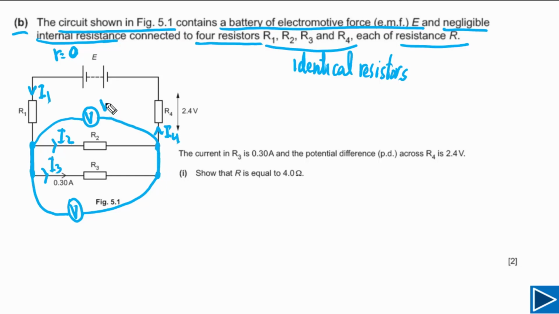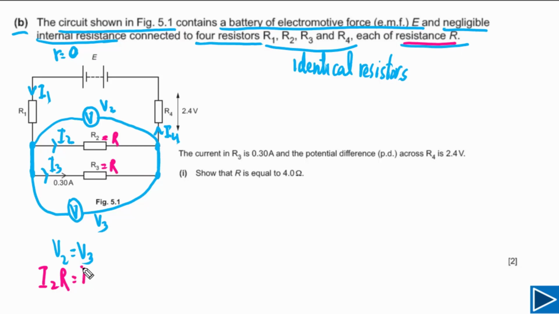So if the reading of this voltmeter is V2 and the reading of this voltmeter is V3, simply we can say in this case V2 will be equal to V3. V2 we can also write down as I2 times R, because R2 is equal to R, and R3 is also equal to R as it is given in this question.